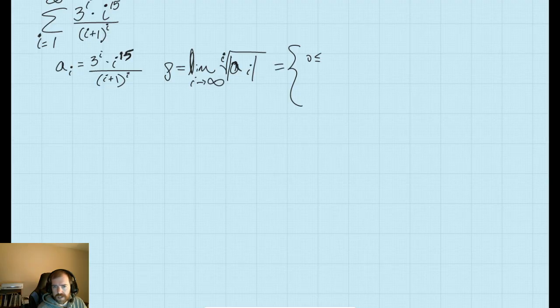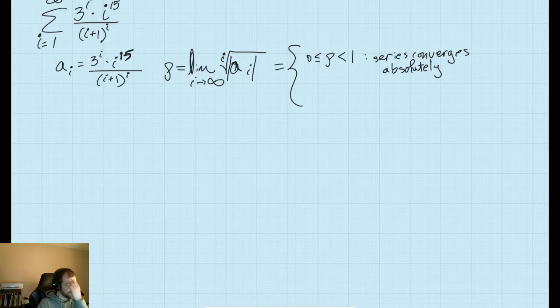So if rho is a small number, meaning that it is between 0 and 1, it will include 0 as a possibility, then this series converges absolutely, meaning that there is no necessary condition under which you need to do any more tests. If rho is between 0 and 1, including 0, not including 1, then you're good. You could just say, yeah, this thing's going to converge. No notes.